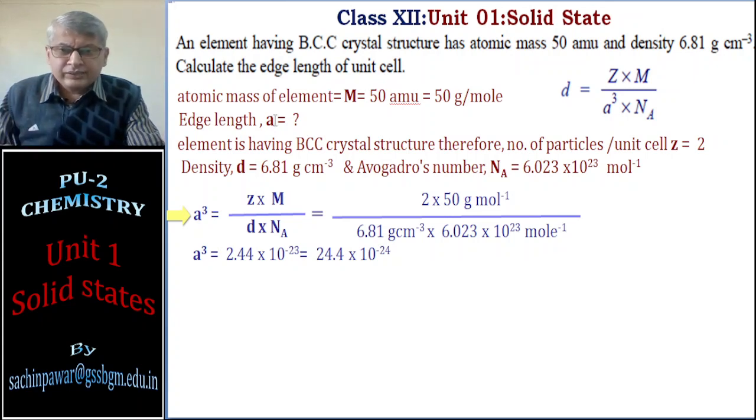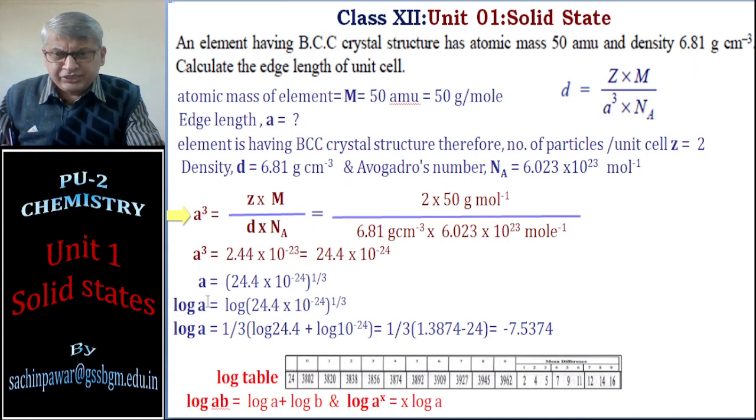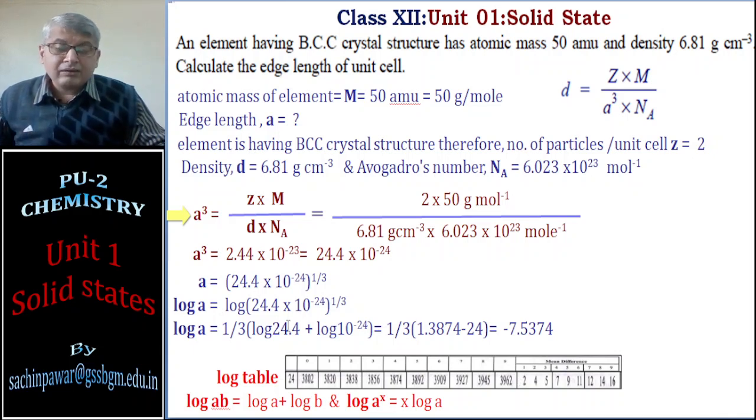So for this, what I'll do is I will first take log on both sides. So A is equal to 24.4 into 10 to the power minus 24, raised to 1 by 3. So log A will become log of 24.4 into 10 to the power minus 24, raised to 1 by 3. I can use log table here. I have just taken a snap of log table for the required row.